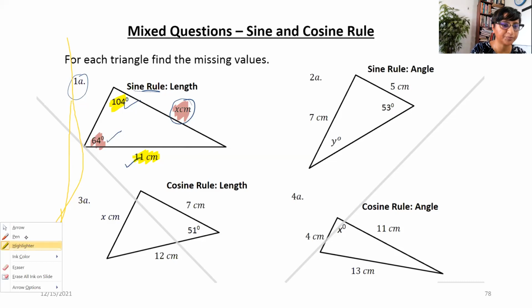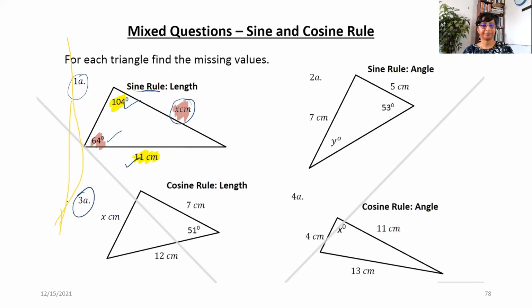Can you do 3a? Now see how that is different. If I didn't tell you it is cosine, you might try to apply the sine rule. But what do we have? We have two sides and the angle in between, contained, and we want to find the opposite side.